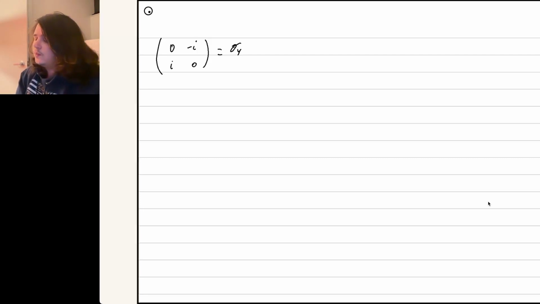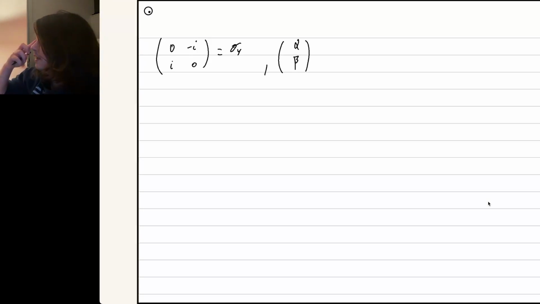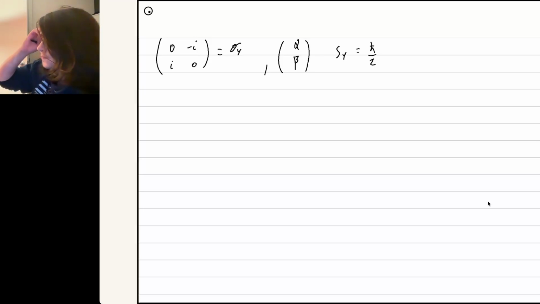What we're doing right now is we need to find the eigenvalues and eigenvectors of the Pauli Y matrix, and then calculate the probability that a particle in a state given by the column vector alpha beta, when measured by Sy, is going to be equal to h bar over 2.